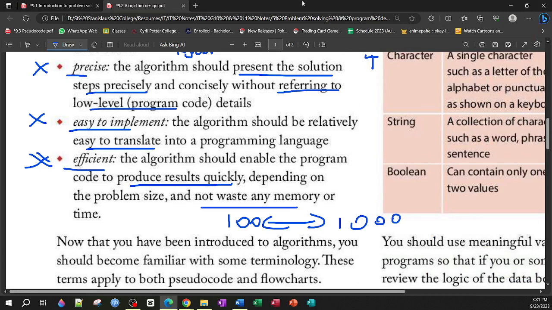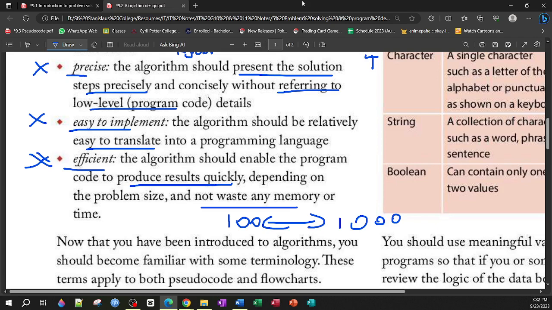So, at the same time, you want to be simple, direct, specific, and so on, but you don't want too many steps in your algorithm. You don't want to make it too complicated. And there are certain techniques. It's not that you have to take out steps. There are certain techniques that you can carry out to reduce the number of steps. Because in some cases, you will have to get 1,000 steps.